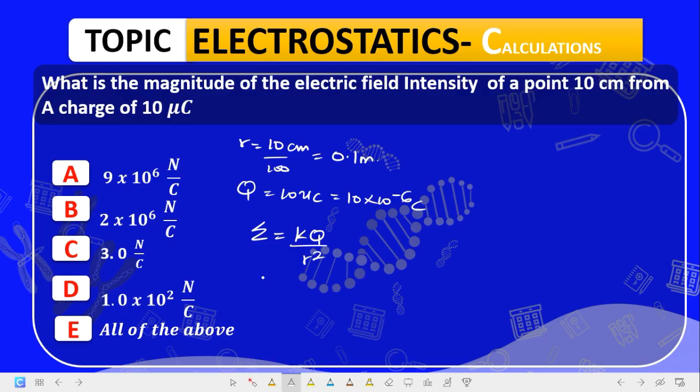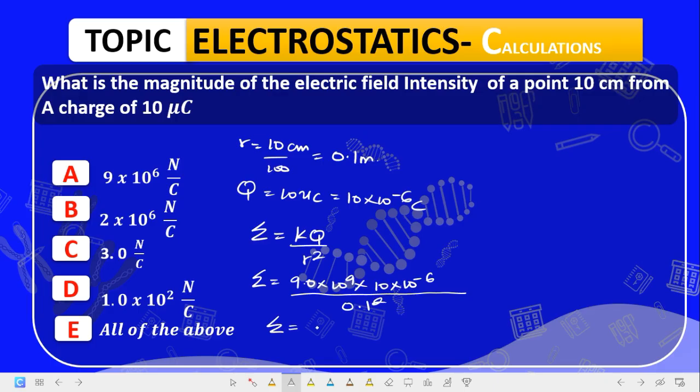Where Q is the point charge and K is a constant. Your K constant is 9.0 times 10 raised to the power of 9, Q is 10 times 10 raised to the power of minus 6, and R is 0.1 squared. When you simplify this, you're going to get the answer.